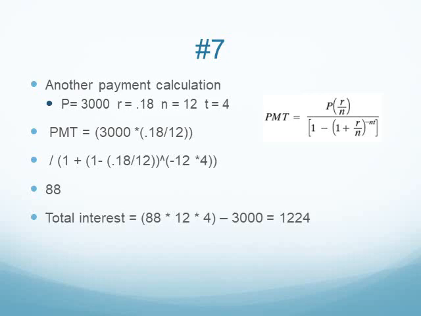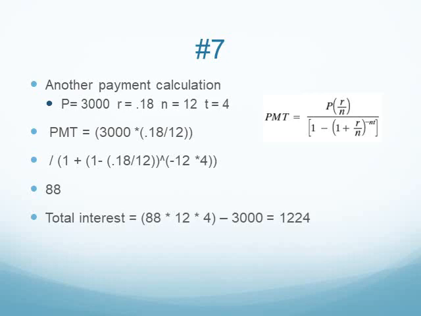Always negative nt on the payment formula, always, in that power at the bottom. It said round to the nearest dollar, and that was $88 as the monthly payment to pay off your $3,000 credit card bill in the next 4 years. Long time.